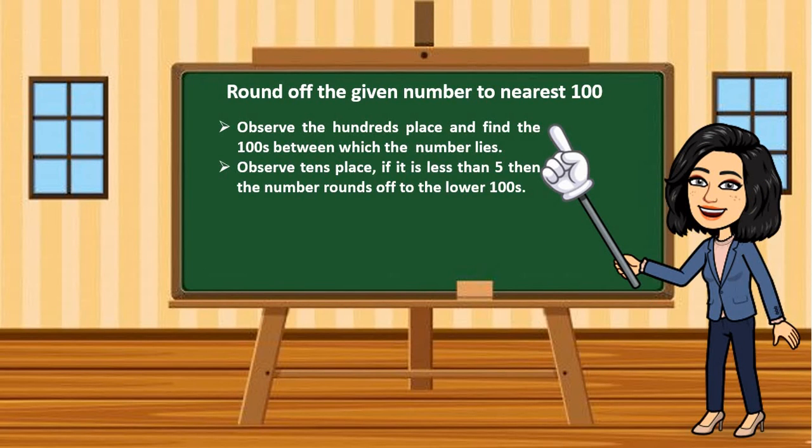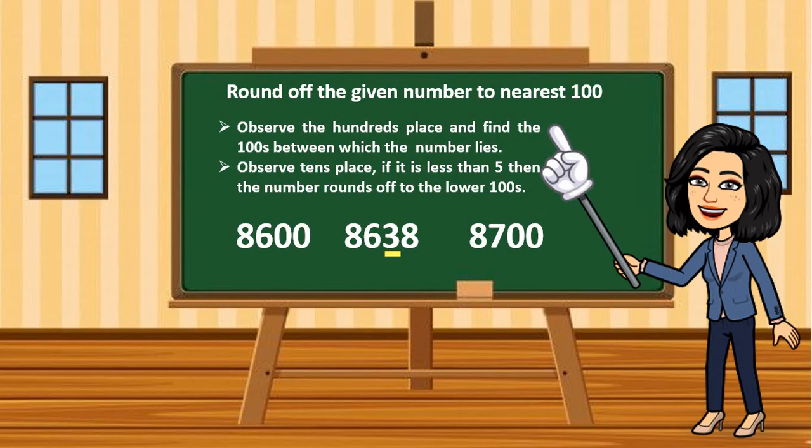Kids, we may also say that on rounding off a number to the nearest 100, first we need to observe the hundreds place of the number and look for the hundreds between which it falls. Then we will observe the tens place of the number.